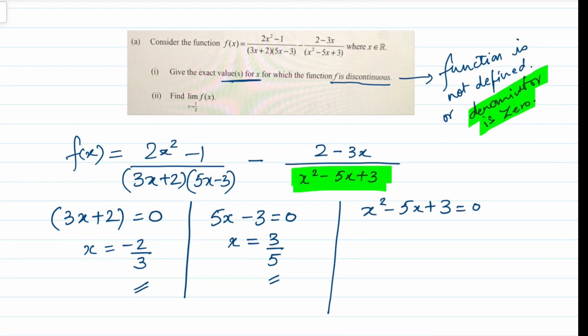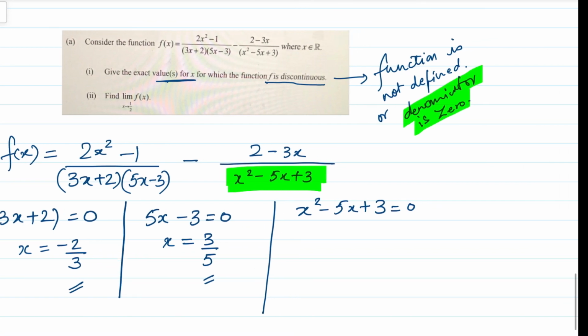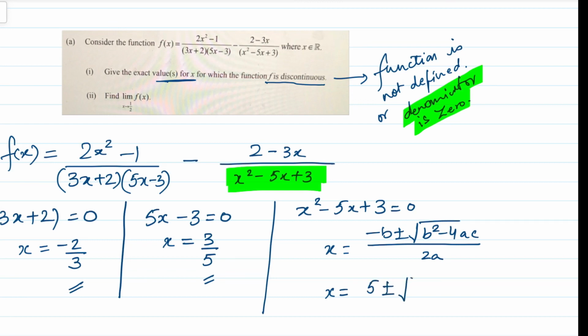Now here we do not have any factor that can go into it, so we'll have to use the formula, which is x equals minus b plus minus the square root of b squared minus 4ac, over 2a. So x will be equal to minus of minus 5, plus minus the square root of minus 5 squared minus 4 times a is 1, c is 3, over 2 times 1, which is 2.